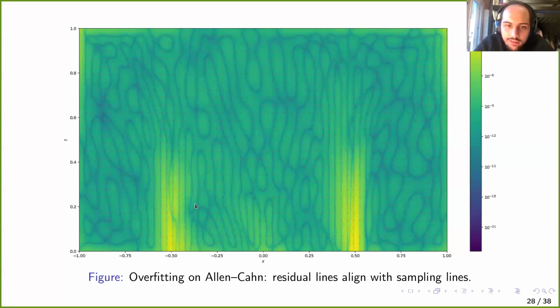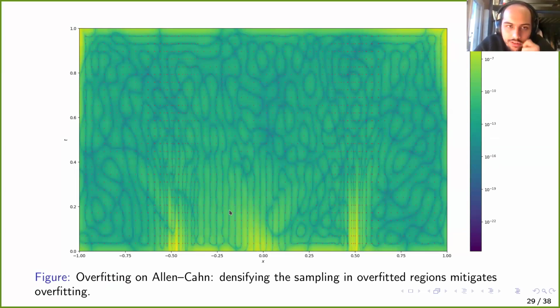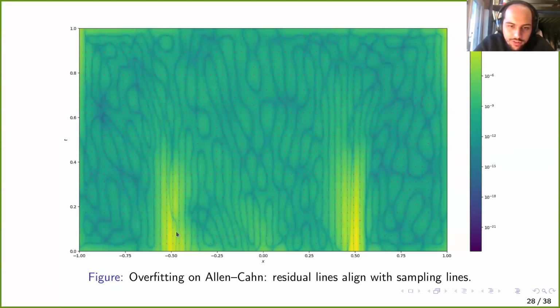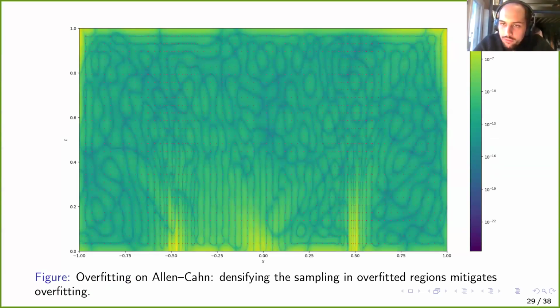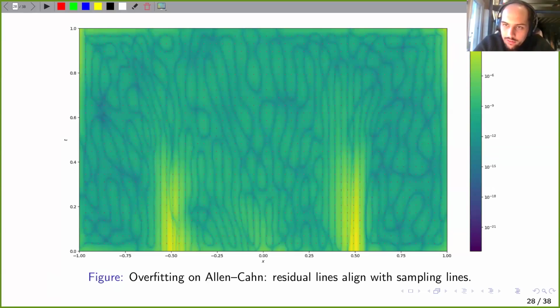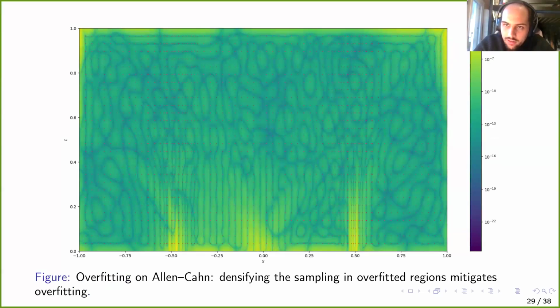So the solution to avoid that is to change the data set, of course. Here I did another experiment, adding more points where we had the overfitting. And if you look at the scale, the overfitting was at 10 minus 3. And here we still have overfitting, but at a lower level.